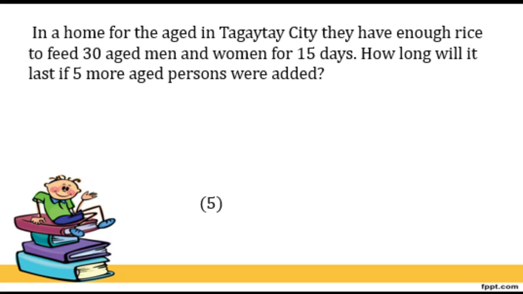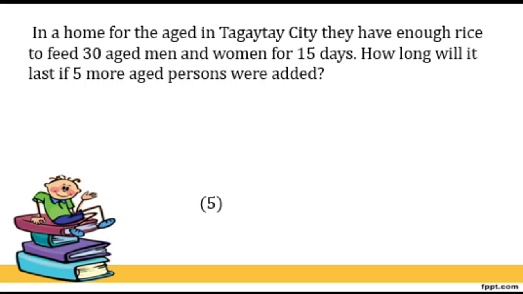Next, in a home for the aged in Tagaytay City, they have enough rice to feed the 30 aged men and women for 15 days. How long will it last if 5 more aged persons were added? Again, we are going to add.